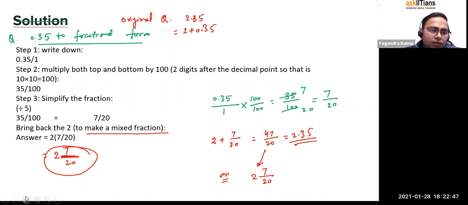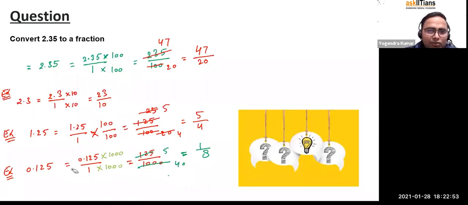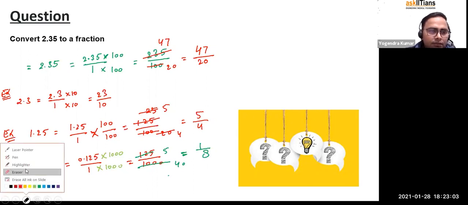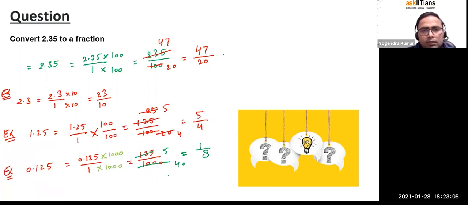You should give the mixed fraction form if it is a mixed fraction, right? So as we have seen before also with some mixed fractions, we should give the proper answer. What is the answer we need to give here? We should give the mixed fraction. Means you can write 2 then 7 divided by 20 like this. Okay, let's move on.